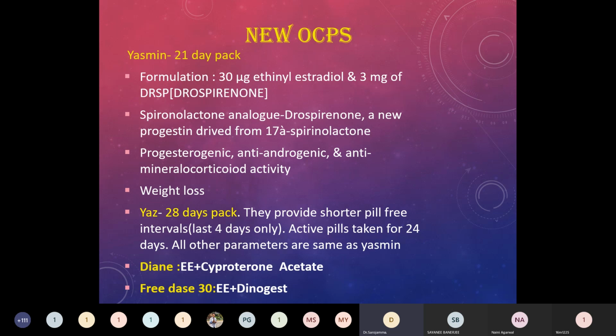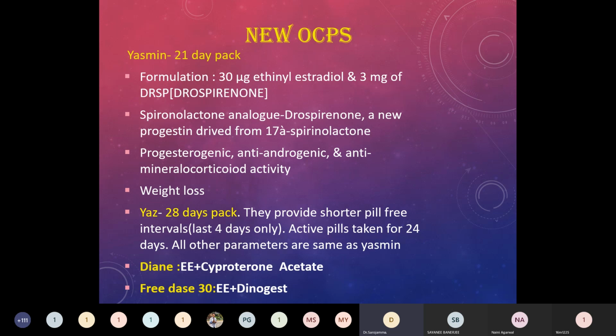and Femodene 30. Yasmin is the one which is available for patients with PCOD, because it has got drospirenone, which is an anti-mineralocorticoid, a spironolactone analog.